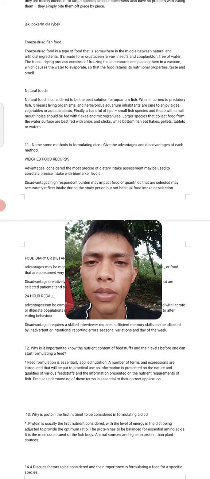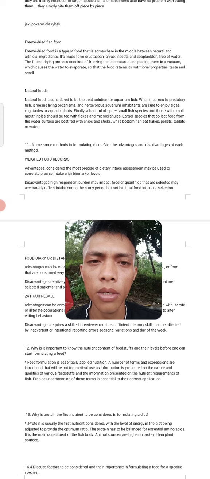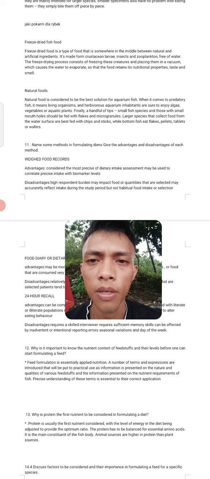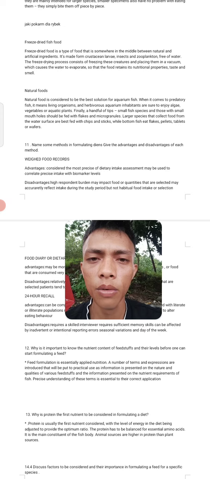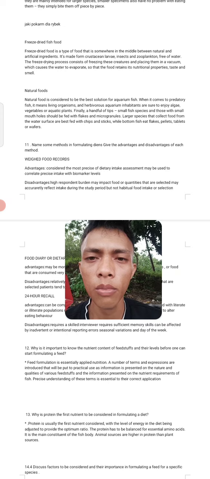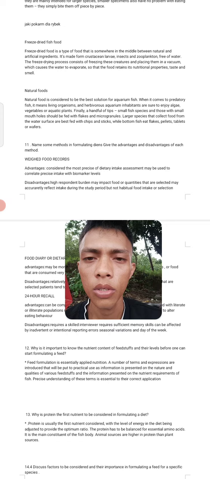Natural foods. Natural foods are considered the best solution for aquarium fish when it comes to predators. It means living organisms, and herbivorous aquarium inhabitants are sure to enjoy algae, vegetables, or aquatic plants. Finally, a handful of tips: small fish species and those with small mouth holes should be fed with flakes and microgranules.